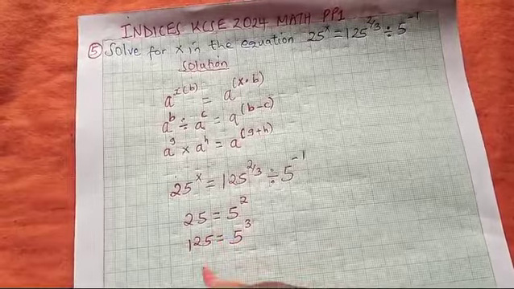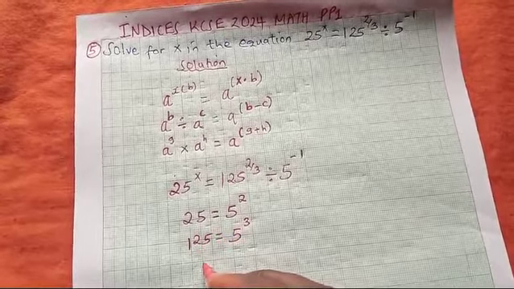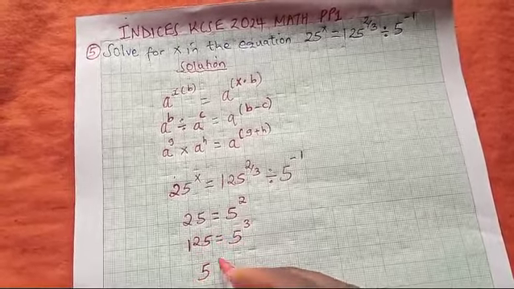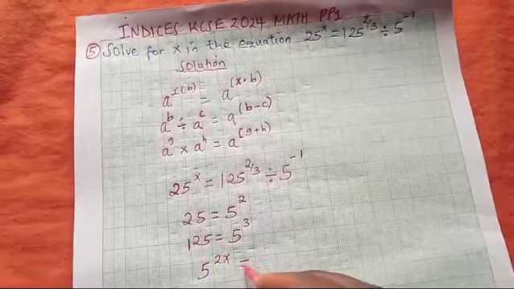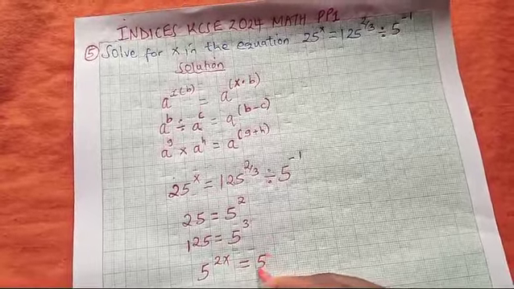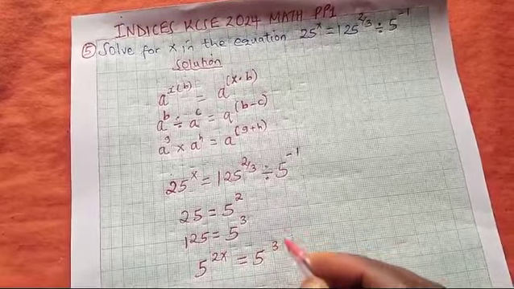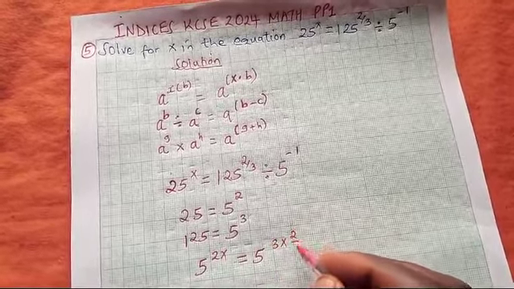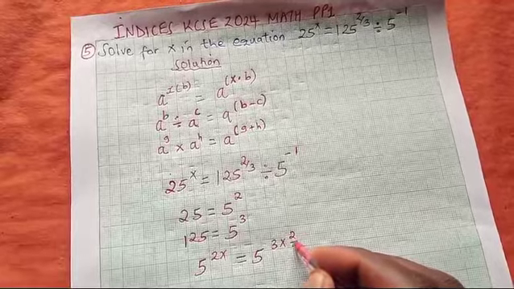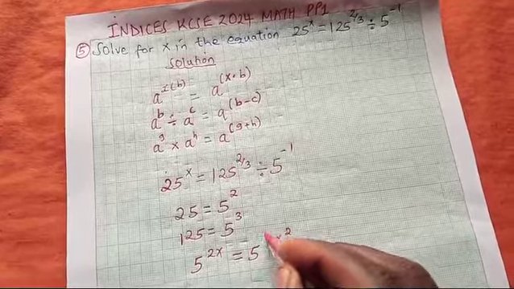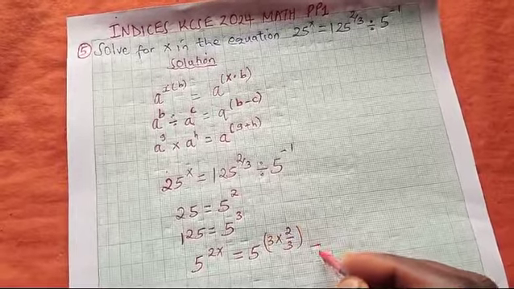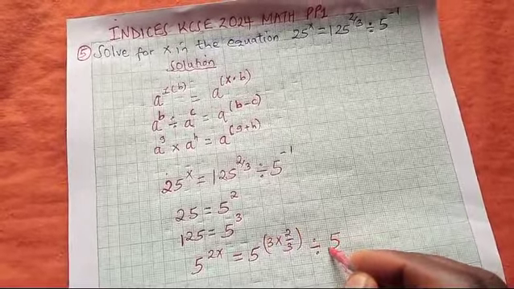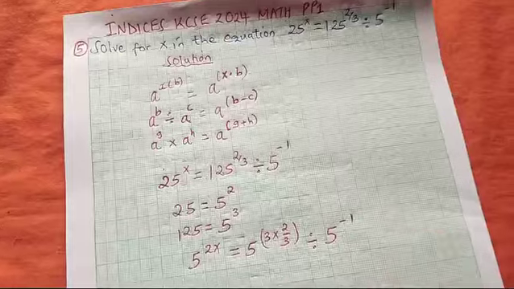We go ahead and say 25 raised to power x is the same as 5 raised to 2x is equal to 5 raised to 3. Now in this case, we are going to multiply by 2 over 3. Then we divide this by 5 raised to -1.